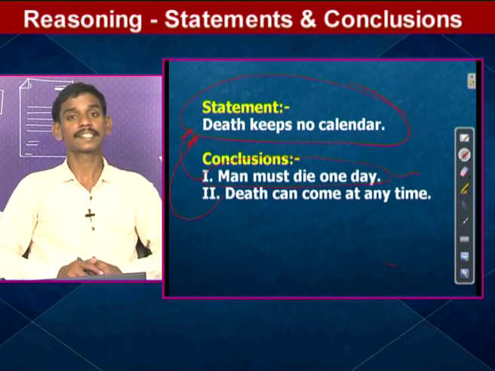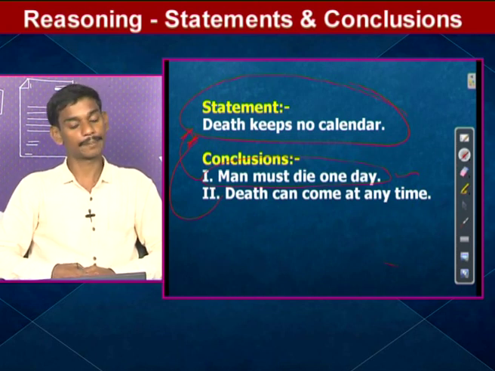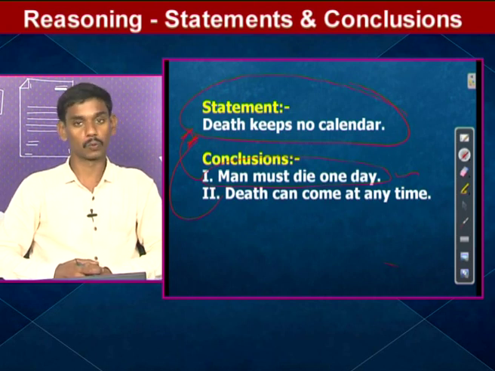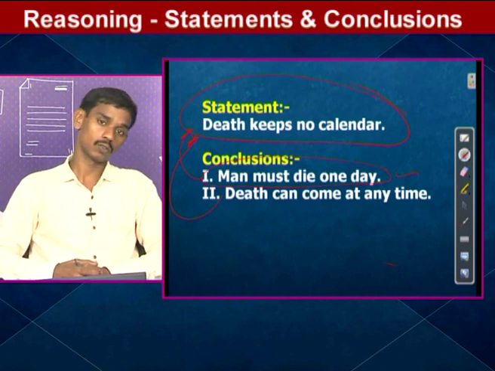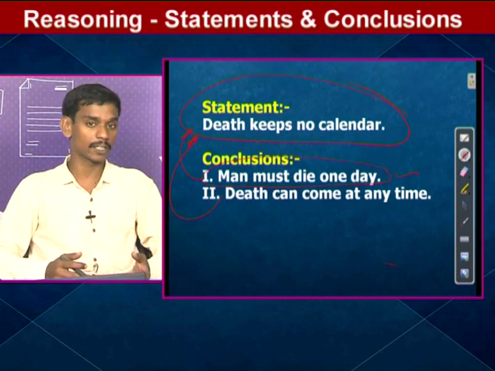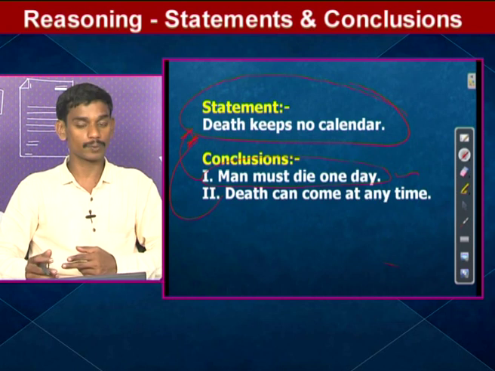So once again, see the statement, death keeps no calendar. Man must die one day, so it is true. And death can come at any time, this is also true. So 1 and 2 follow the given statement. Which is the option?